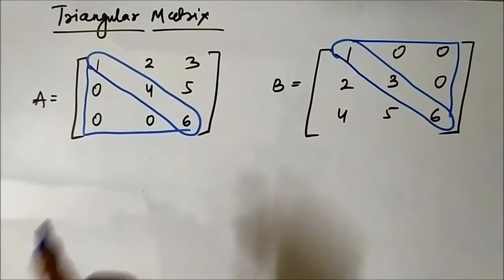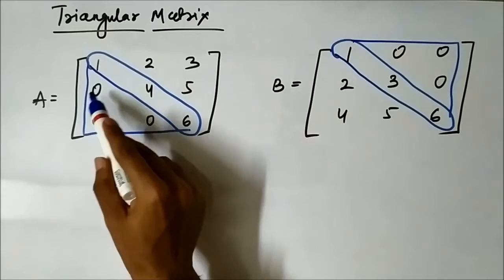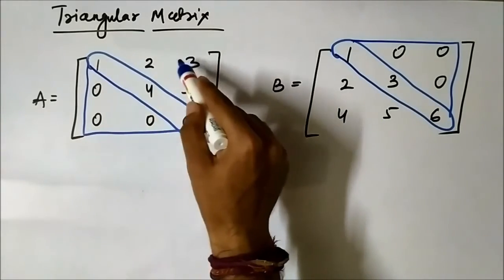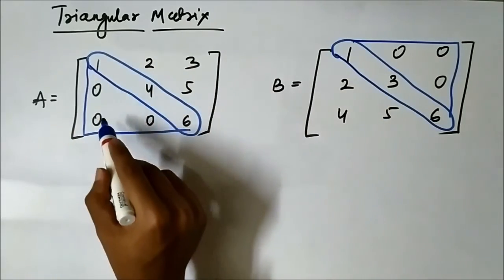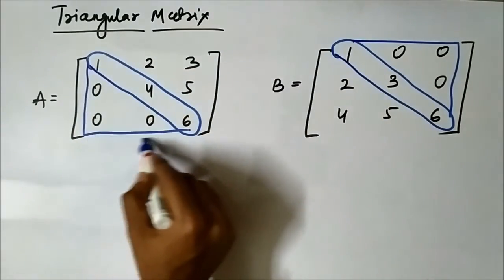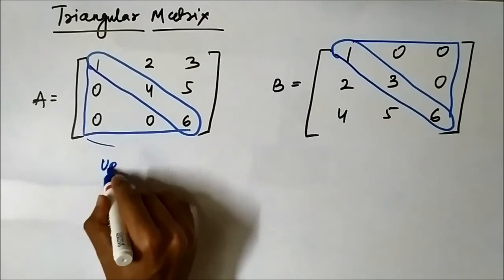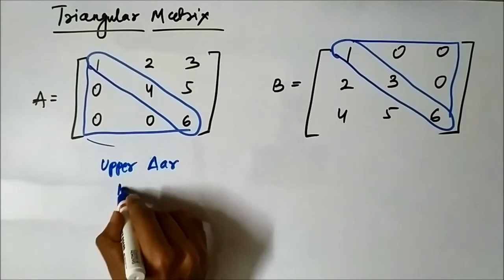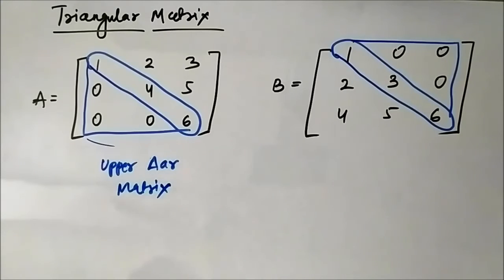Again, here all the elements below the principal diagonal are 0, but those above the diagonal are non-zero. So this type of matrix with all the elements below the principal diagonal being 0 is called an upper triangular matrix.